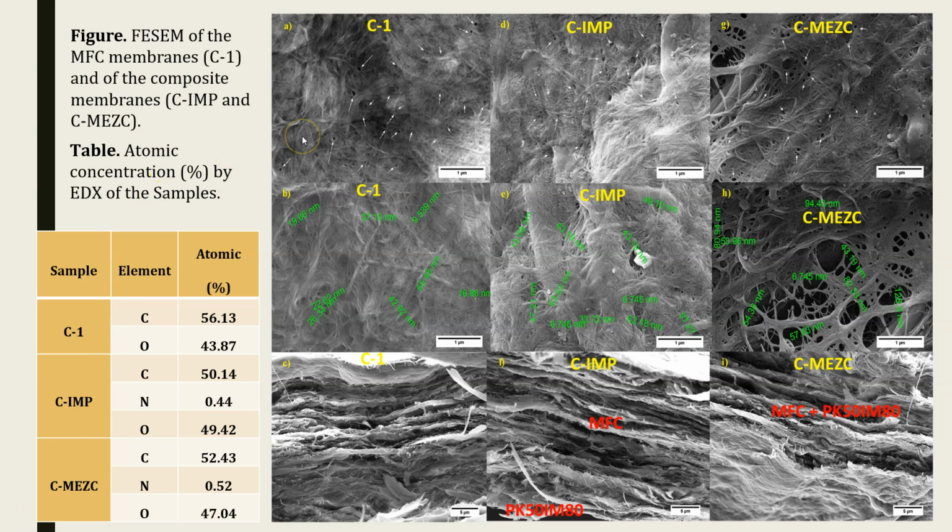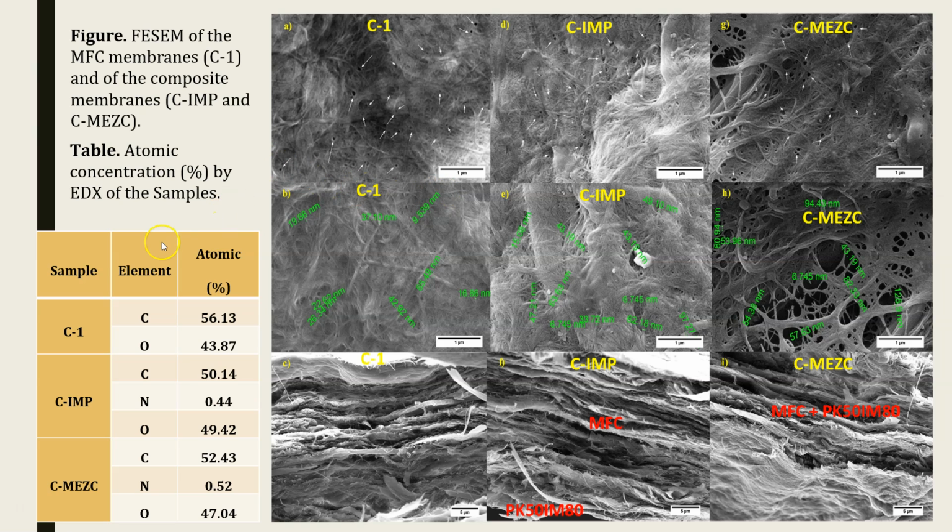From field emission scanning electron microscopy, it was possible to observe the samples, and this confirmed that the membranes are structured by a dense network of fibers. Moreover, it was possible to observe some pores marked with a wide arrow. In the composite, the presence of polyketone does not affect the width of the fibers.